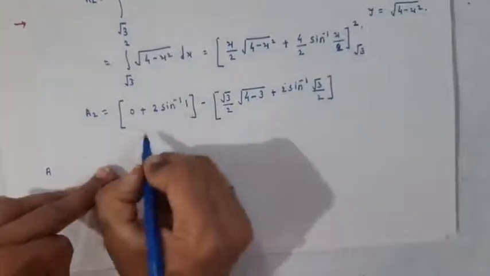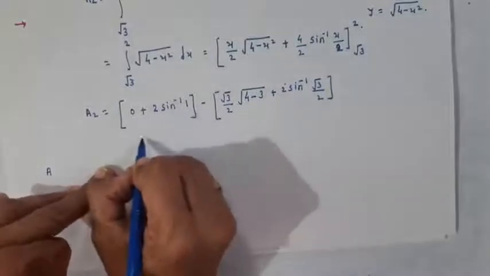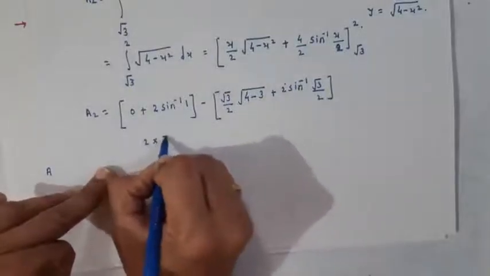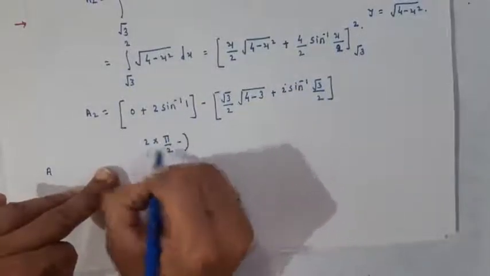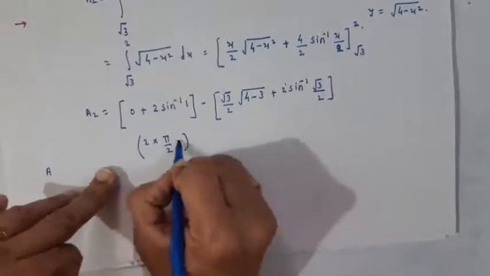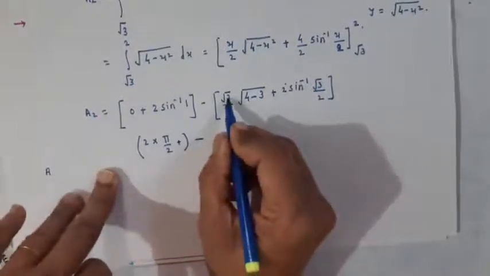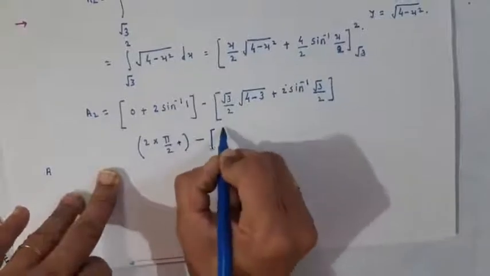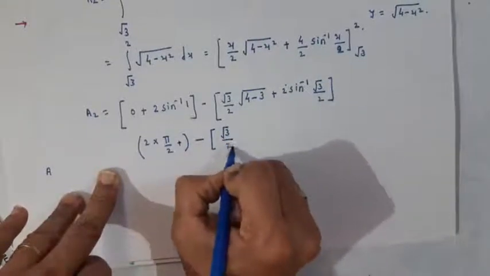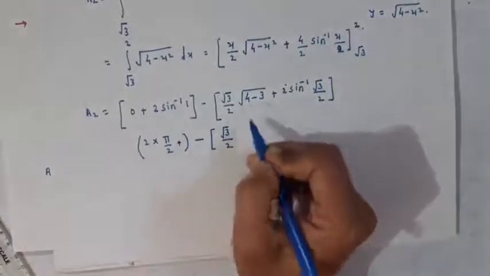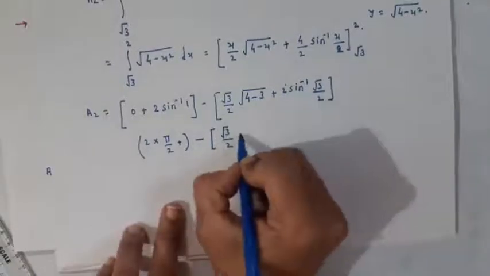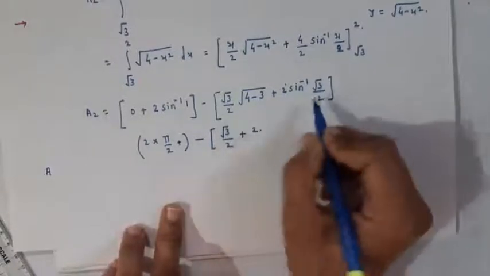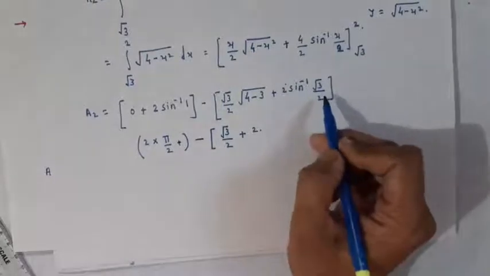Okay. Sine inverse of 1 is pi by 2, so that is 2 into pi by 2, minus root 3 by 2 times square root of 4 minus 3, which is 1, the square root of 1 is 1, and plus 2 into sine inverse of root 3 by 2.